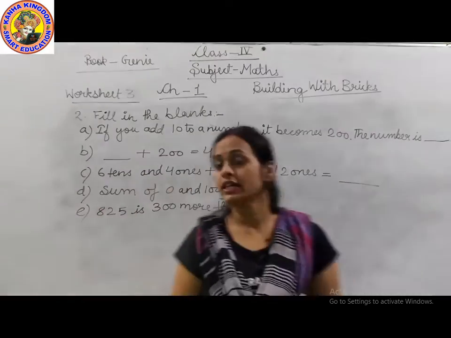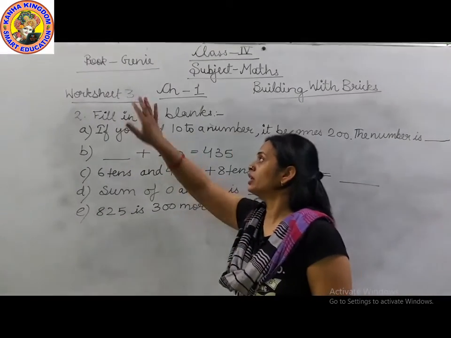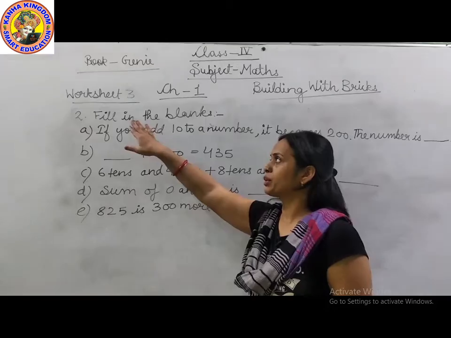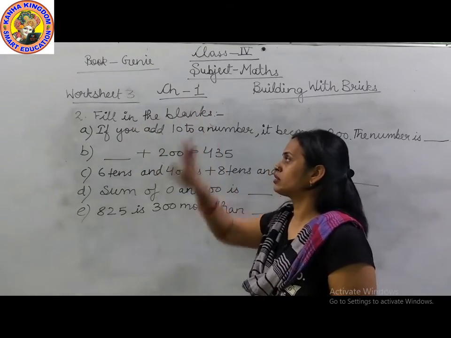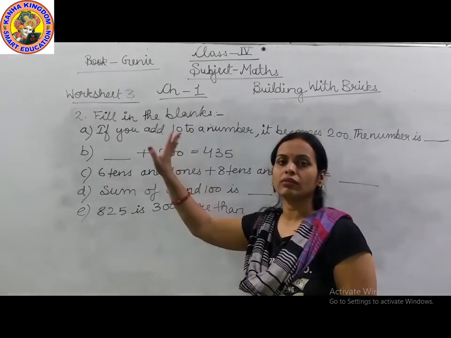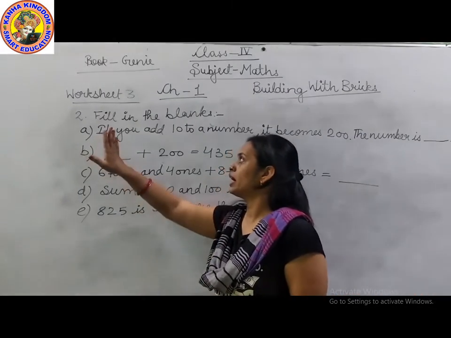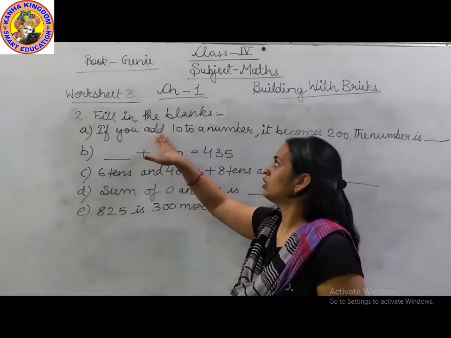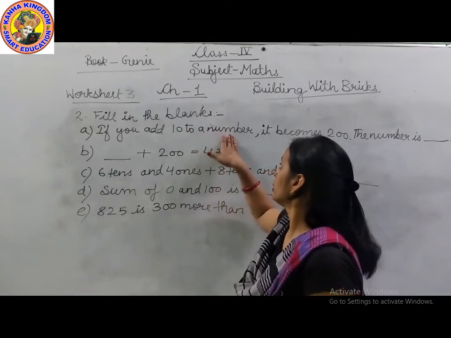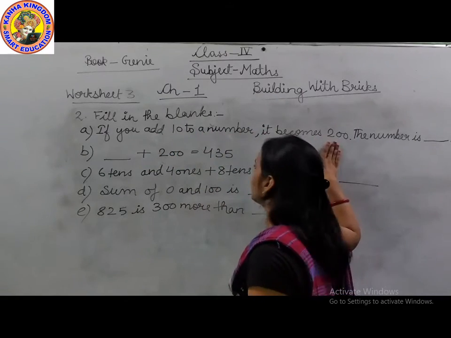Now our next worksheet 3. Worksheet 3, question number 2 is fill in the blanks. Question A: if you add 10 to a number, it becomes 200.